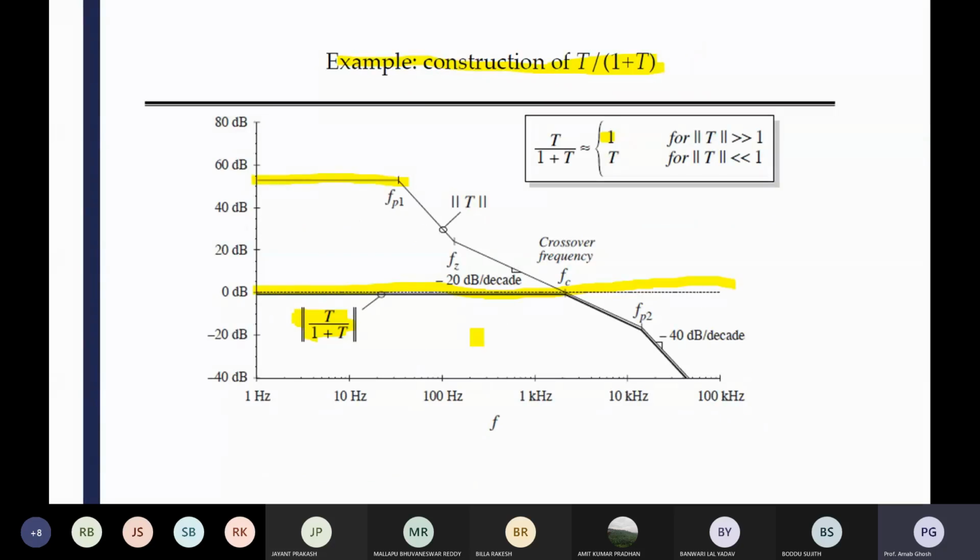So there is no peaking in nature, there is no Q. So directly it is coming from fp1 to fc up to fz. That is the mod T value. Then up to fp2, it is the crossover frequency, basically the 0 dB line cutting portion, then it is minus 40 dB per decade, the same thing.